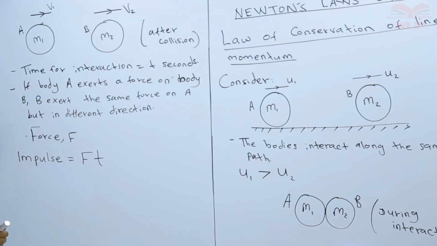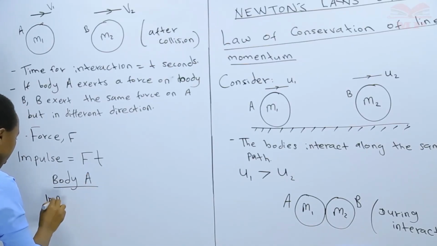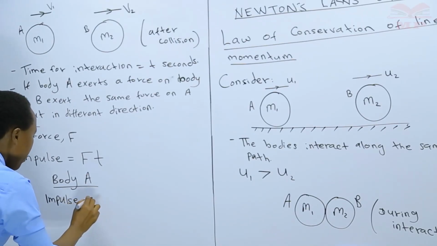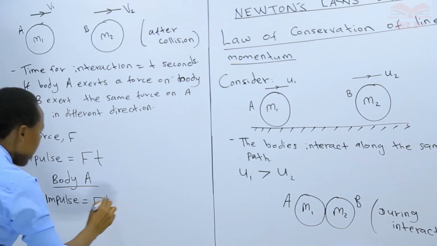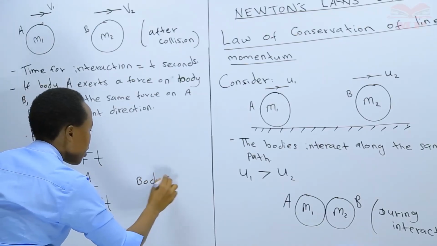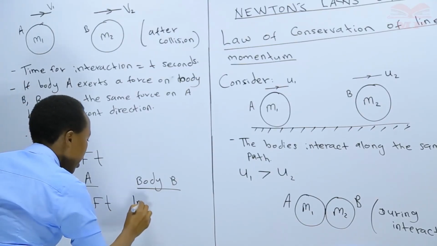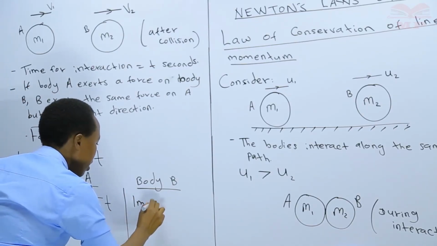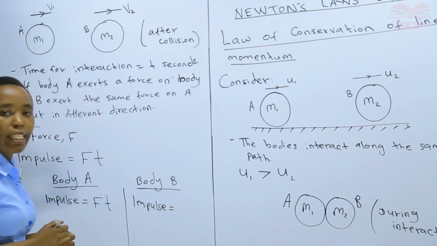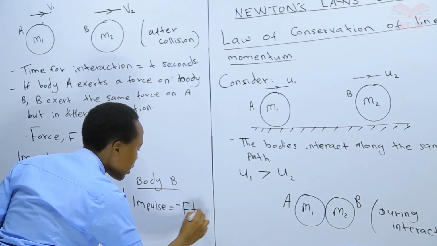So impulse on body A will be force multiplied by the time of interaction. Then for body B, it will exert the same force but in opposite direction, and therefore here the impulse will be force, in this case in opposite direction, so it will be negative Ft.